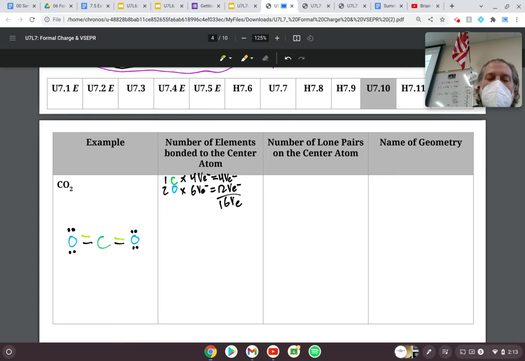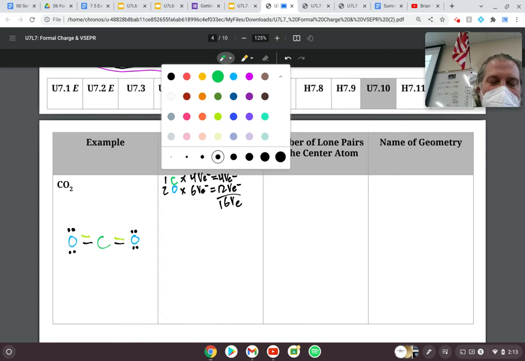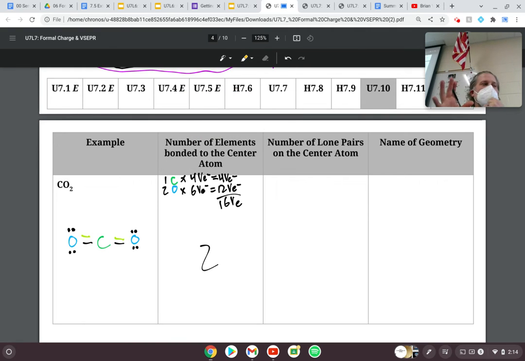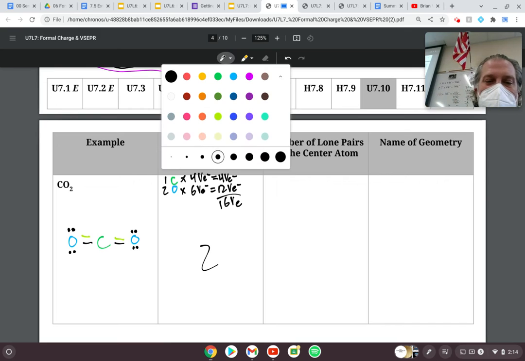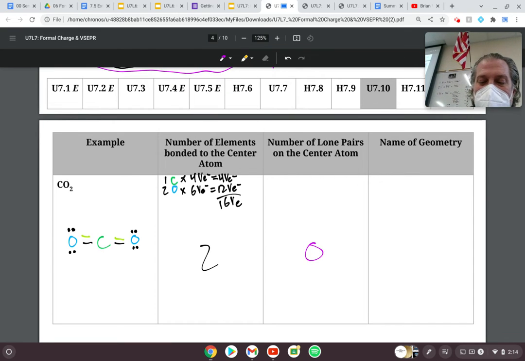Now, the number of elements bonded to the central atom, in this case, happens to be 2. It's the oxygen on the right side and the oxygen on the left side. The number of lone pairs on the central atom, or unshared pairs of electrons, happens to be 0. There are no dots on the central atom.